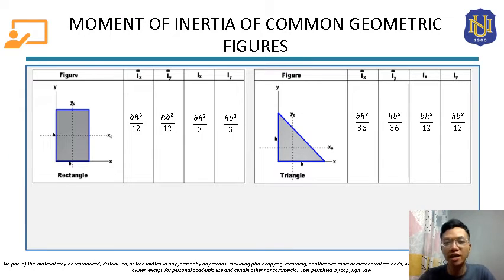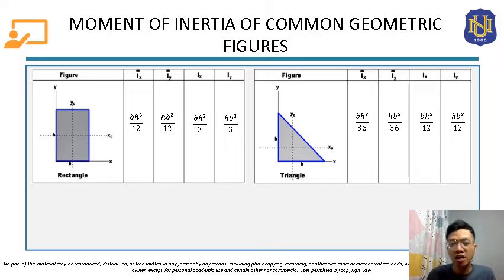And now, these are already the established moments of inertia of some common geometric figures. As you can see in the table, here you can see Ix bar and Iy bar, then Ix and then Iy. Ix bar means this is the x-centroidal moment of inertia.